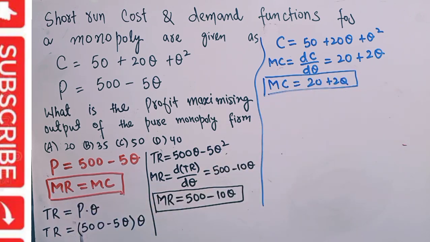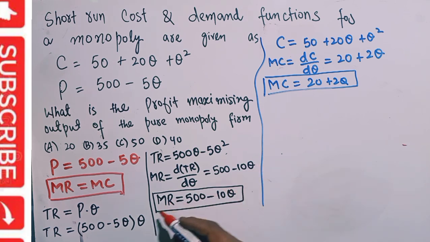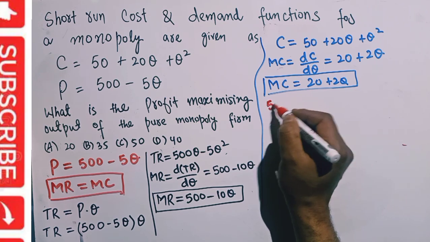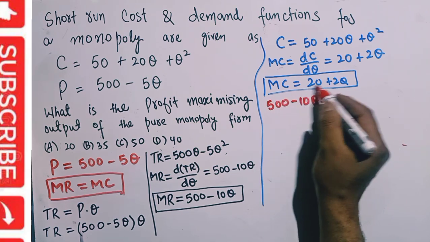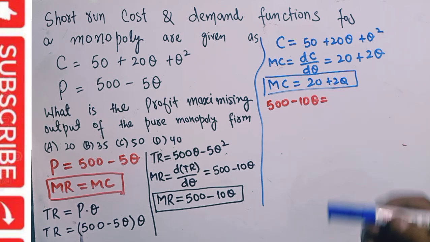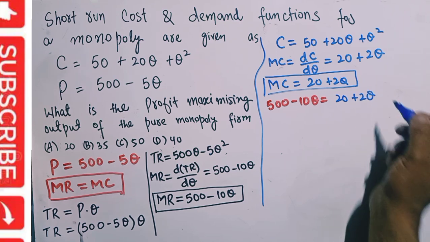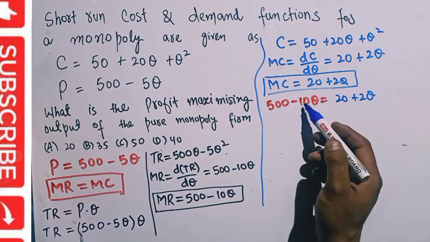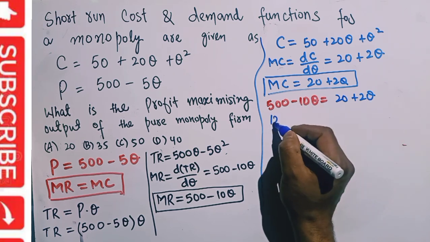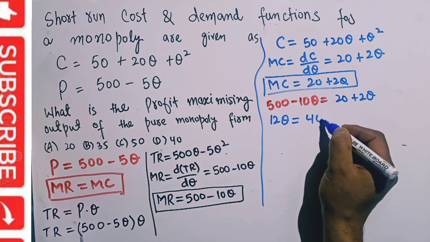We know profit maximizing condition is that marginal revenue should be equal to marginal cost. So this is our marginal revenue, 500 minus 10q, and it should be equal to the marginal cost, which is 20 plus 2q. Solving for q, transposing, 10q plus 2q is 12q. 12q is equal to 500 minus 20 is 480.